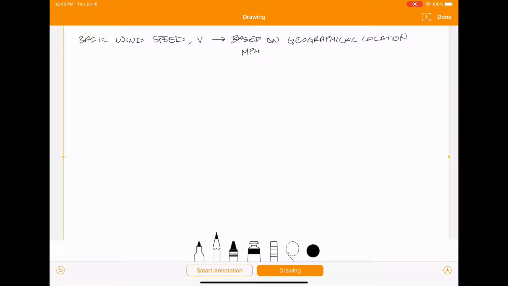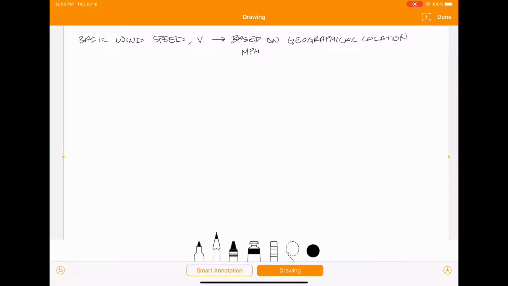So this should conceptually make sense to you. If you live inland in the US versus living on the coast where you're going to see hurricanes, the wind speed is going to be very, very different.